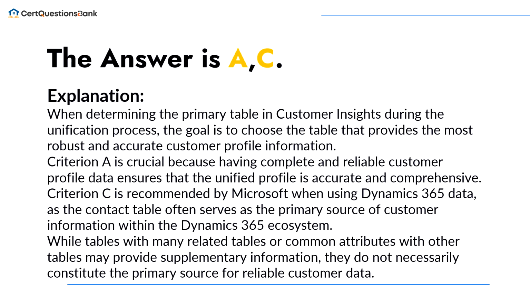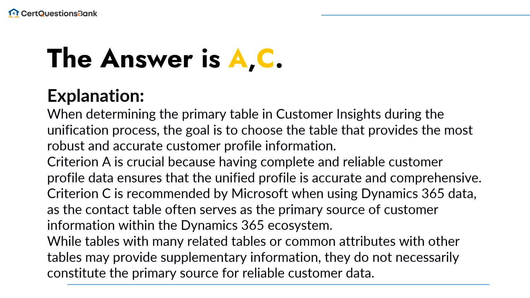The answer is AC. When determining the primary table in Customer Insights during the unification process, the goal is to choose the table that provides the most robust and accurate customer profile information. Criterion A is crucial because having complete and reliable customer profile data ensures that the unified profile is accurate and comprehensive.